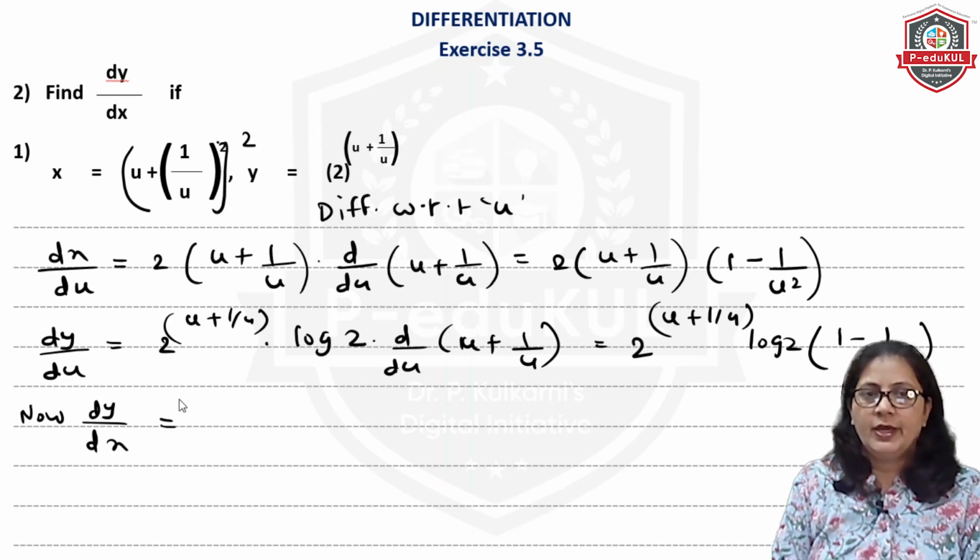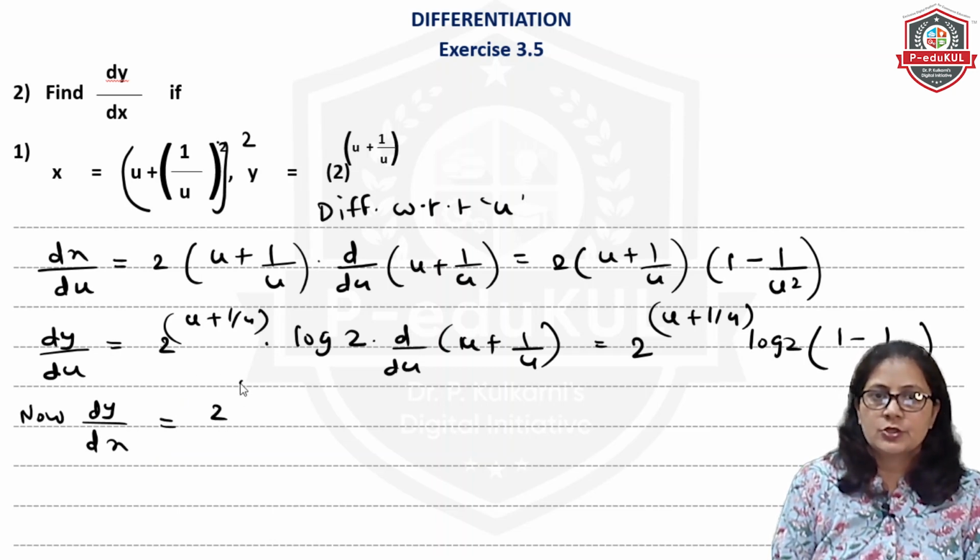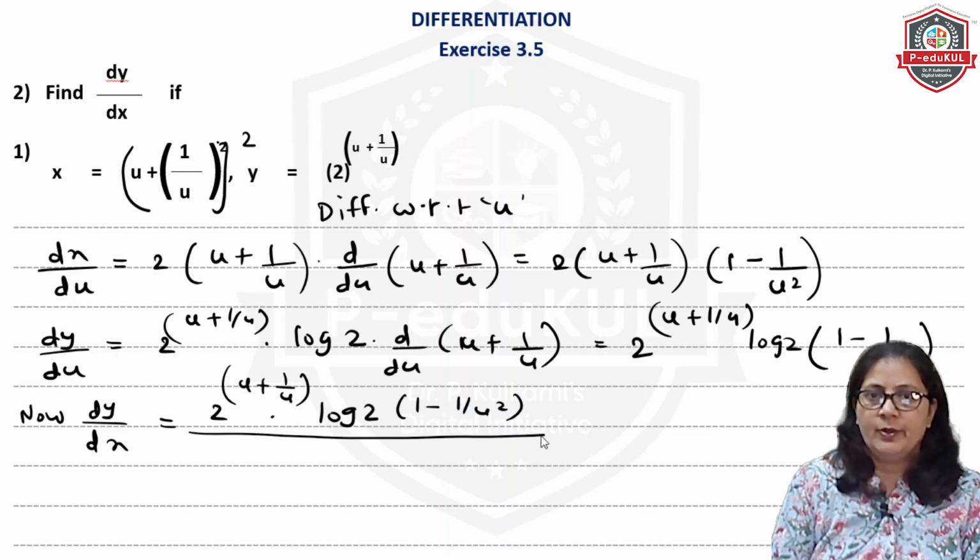which will be dy by du upon dx by du. So this will be 2 raised to u plus 1 upon u log 2 1 minus 1 upon u square divided by this 2 into. Now this is 2 into and this is 2 raised to.